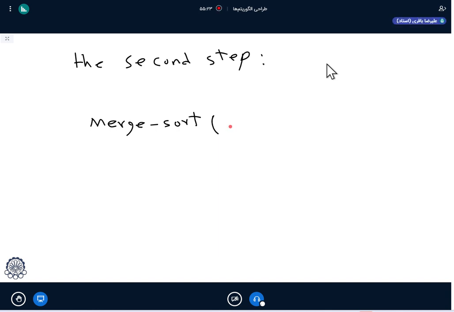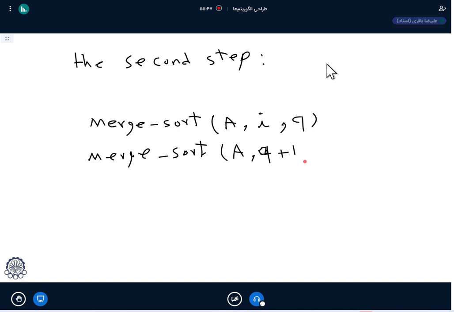So we call our algorithm recursively for the first and the second part: for array A from index i to index q. Then recursively we call the algorithm for index q plus 1 to index j. This is the second step of our algorithm.